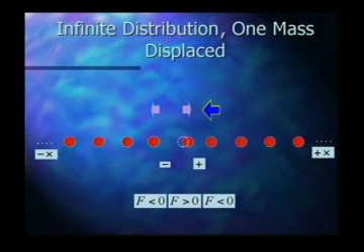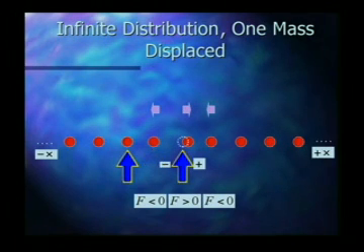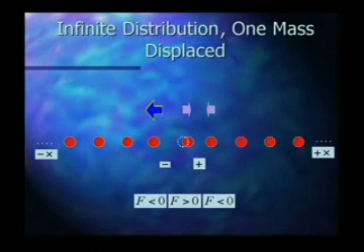Now, this particle had no net force on it because it was exactly balanced by pairs. If we move this particle to the right, it's now a little further away than it was, and so this particle now exerts a greater force on it. And so there's a net force on this particle pushing to the left.